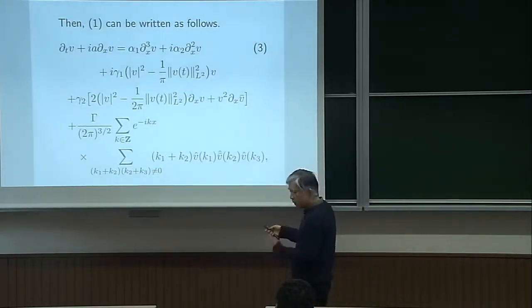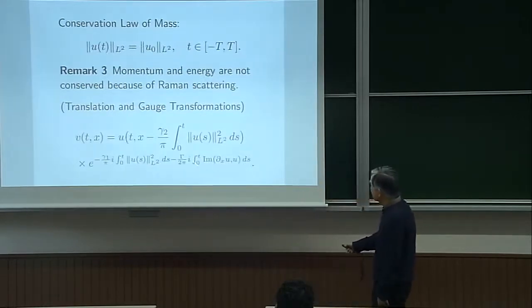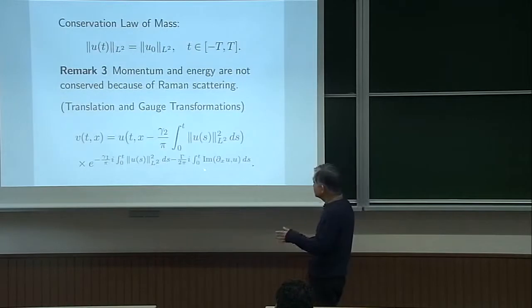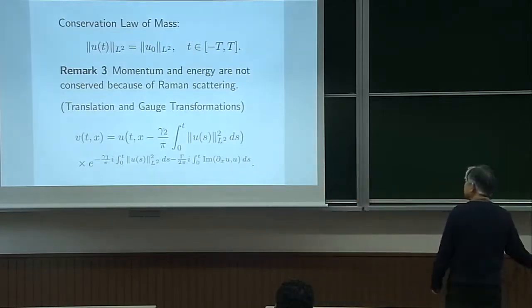In fact, we have another unpleasant term, but this second factor of the gauge transformation excludes that unpleasant term. So that disappears.